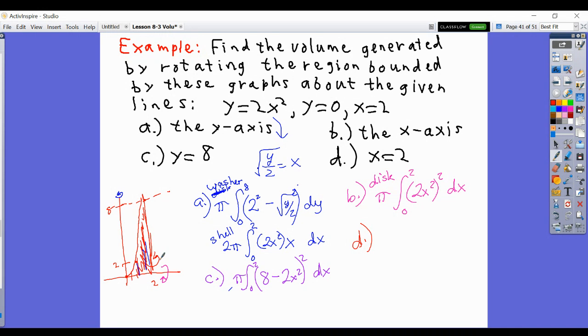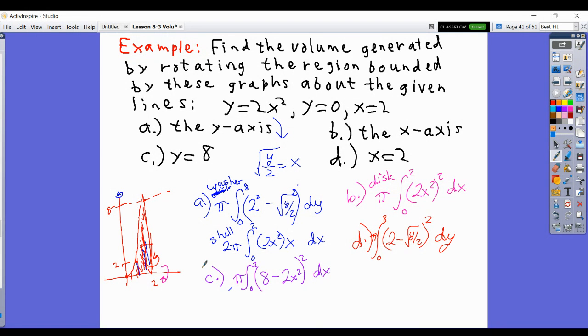If I wanted to spin this way, I could just do 2 minus this, in terms of y would be the square root of y over 2. And that would be this height, 2 minus this. And I could spin that around itself. So that's just squared, that's my radius. And I'm just going to square that all the way up and down from 0 to 8. I forgot the pi. Pi r squared dy.